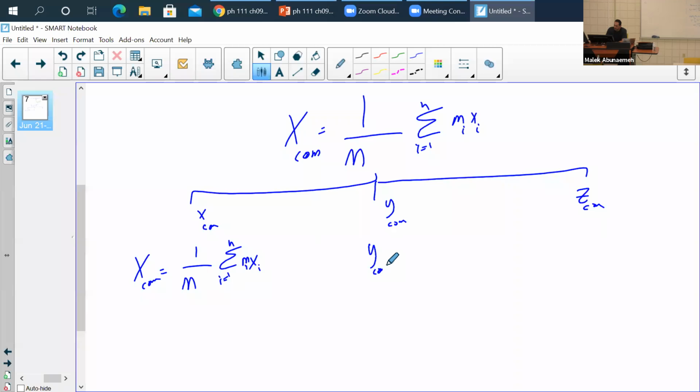Your y axis center of mass is going to equal 1 over the total of all your masses multiplied by the distance in the y direction, m_i y_i, from i equals 1 to n. Z center of mass is going to equal 1 over M times m_i z_i from i equals 1 to n.